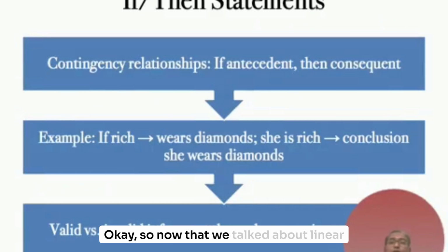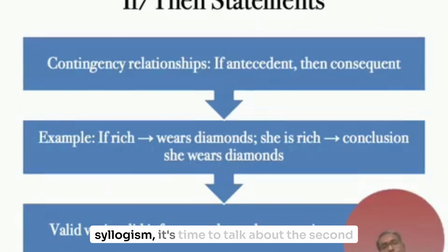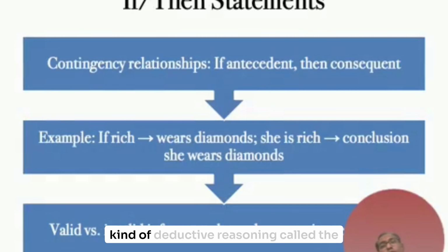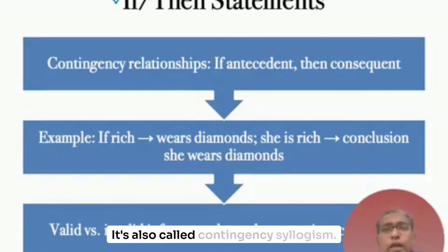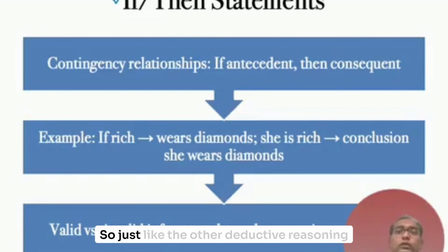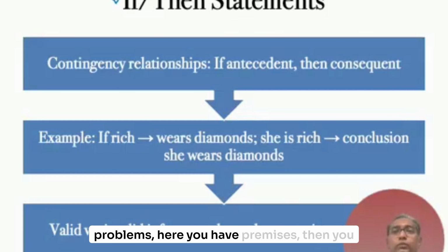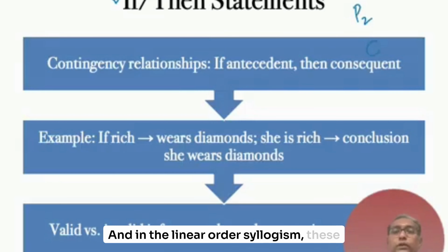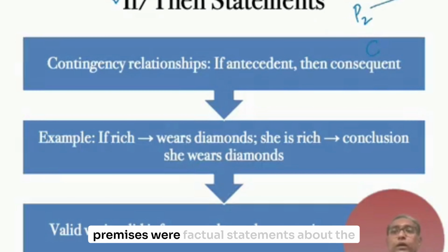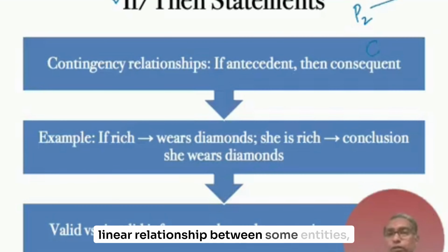Okay, so now that we talked about linear syllogism, it's time to talk about the second kind of deductive reasoning called if-then statements. It's also called contingency syllogism. Just like the other deductive reasoning problems, here you have premises, then you have the conclusion. In the linear order syllogism, these premises were factual statements about the linear relationship between some entities.